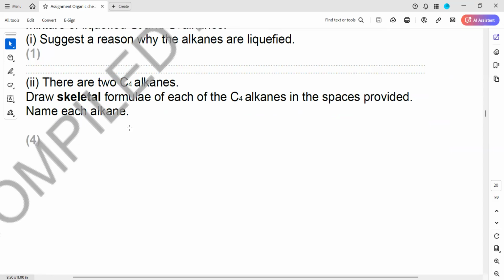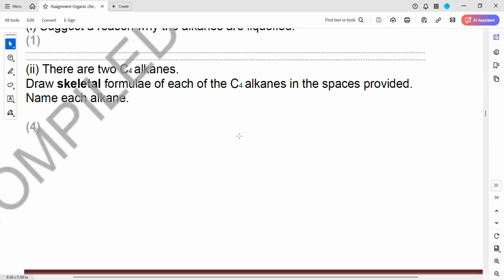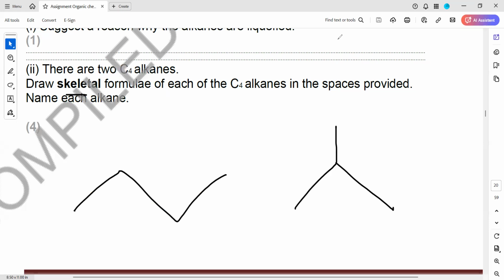There are two C4 alkanes. Draw a skeletal formula of each and name them. In a skeletal formula, 1, 2, 3, 4, that is butane, and this is 2-methylpropane.